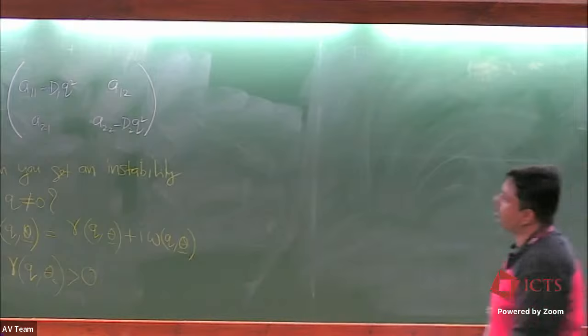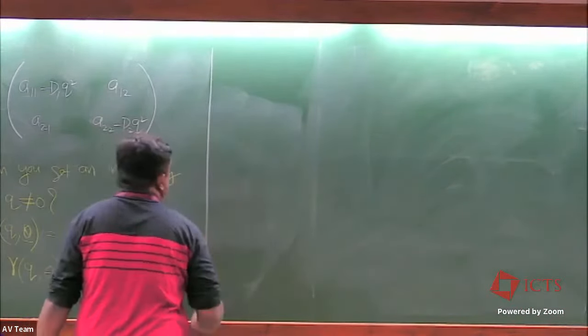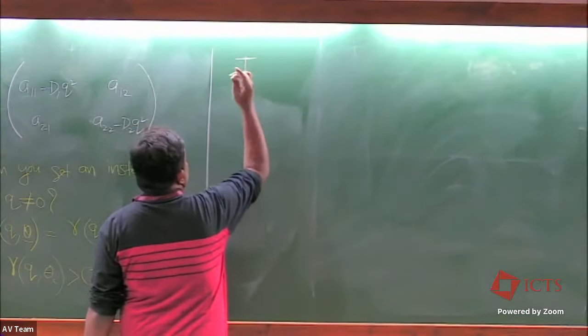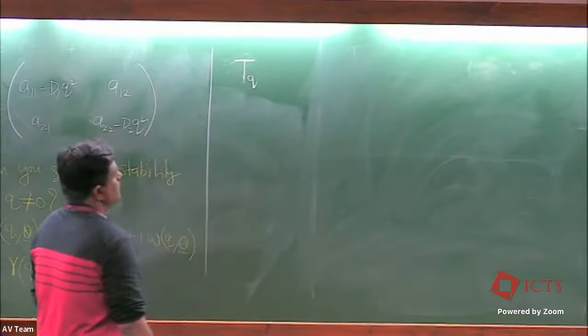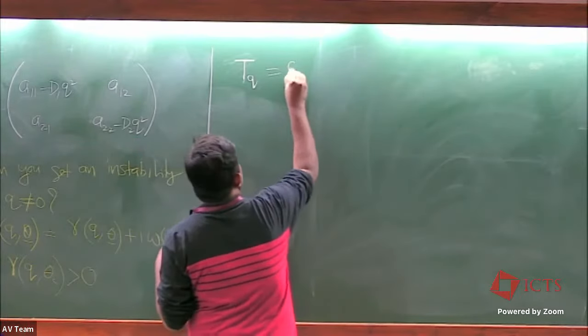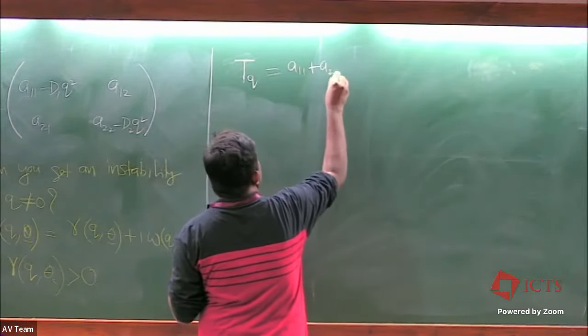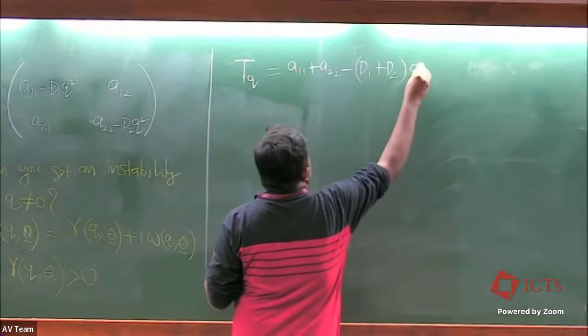So now for the Jacobian matrix J of Q, I have the trace, which we'll call T, a function of Q. That is basically A11 plus A22 minus (D1 plus D2) into Q squared.